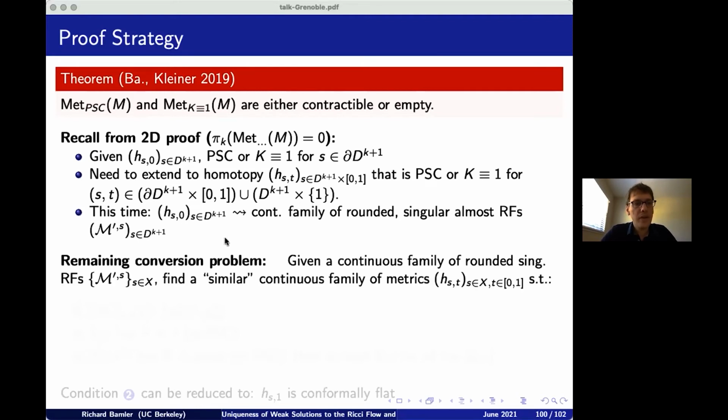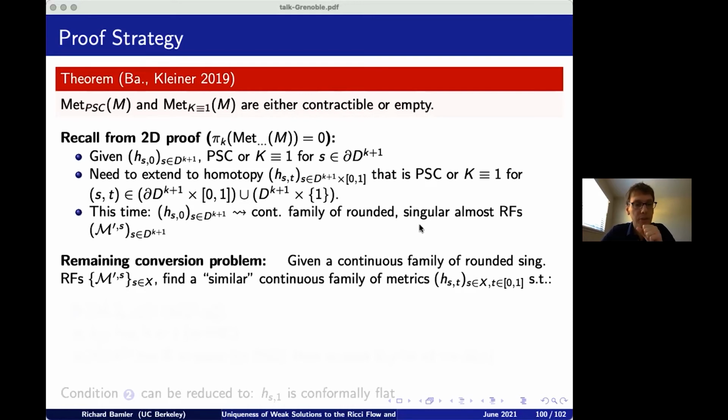We're given a continuous family of rounded singular almost Ricci flows, M prime S, parameterized by, let's say, a K plus 1 disk, but for simplicity, let's just say it's any topological space. Then based on these rounded almost singular Ricci flows, we want to find some kind of similar continuous family of metrics, HST, where S is in X and T goes from 0 to 1, such that we can follow the same idea here.